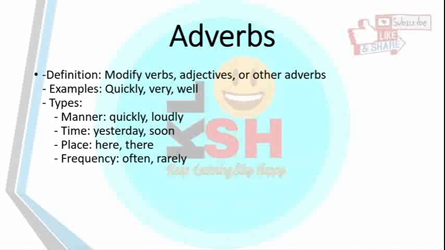Place adverbs: the adverbs denoting the place, here, there, where. Frequency adverbs: often, rarely means how frequently you are doing something, that is denoted by these adverbs. These are the frequency adverbs.